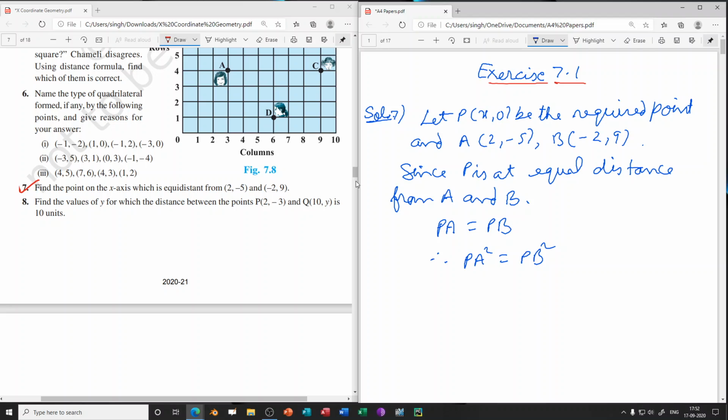Now we'll use the distance formula, and in that also we'll use the square of it.